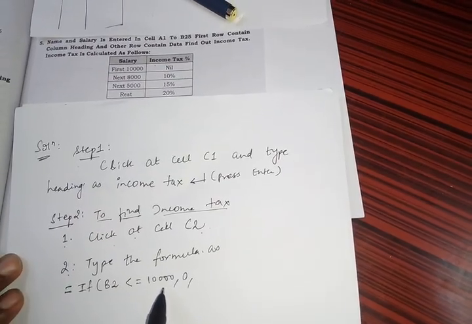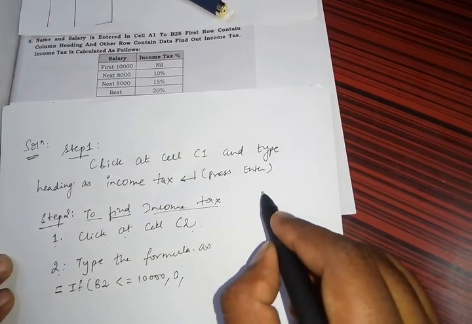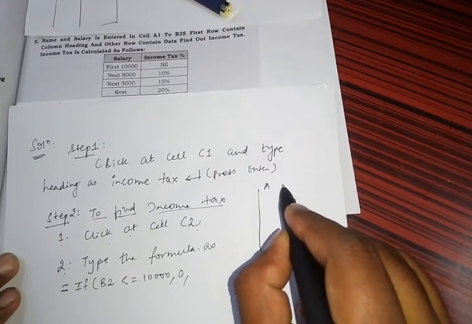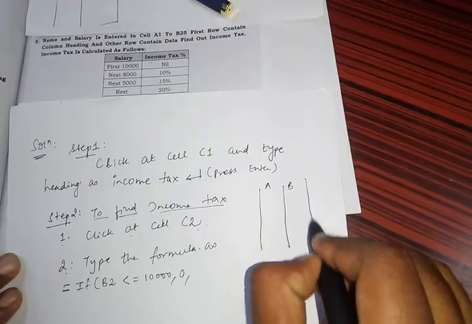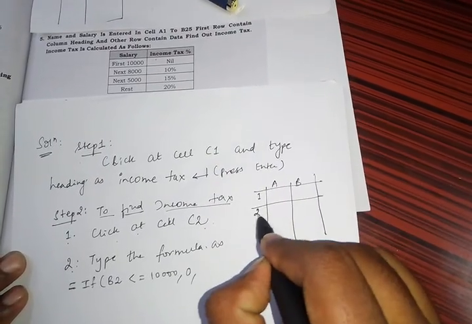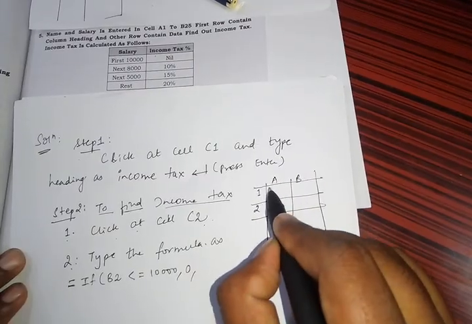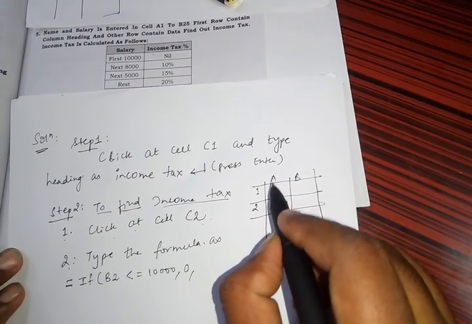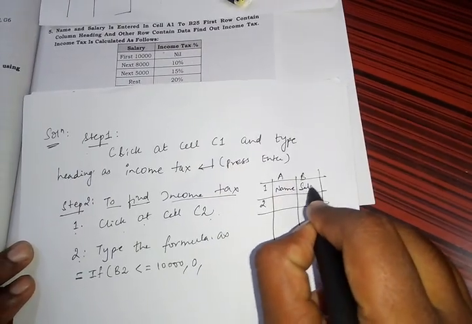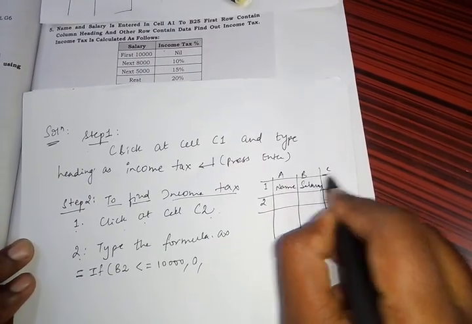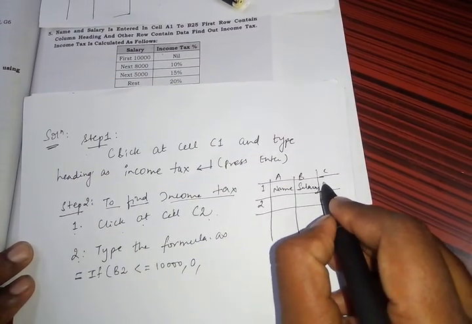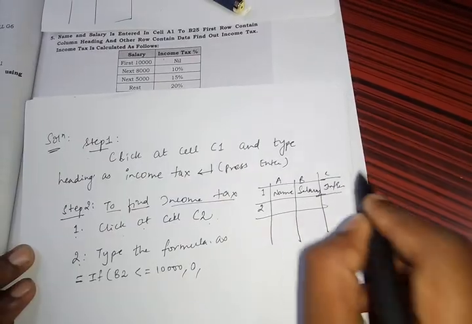See why we are writing B2: as per the question, in column A and column B, in A1 we are going to write the heading name and salary, and in column C, that is C1, we are going to type the income tax calculation.